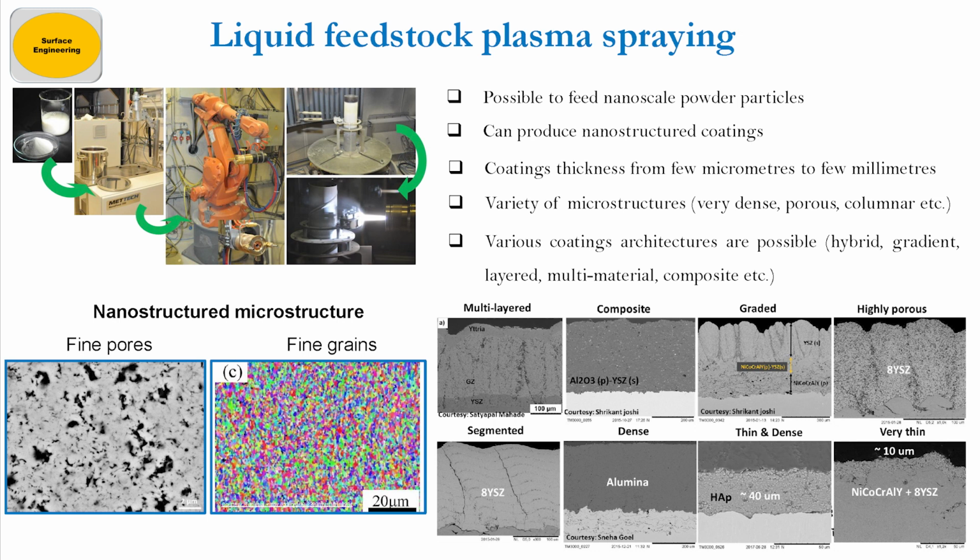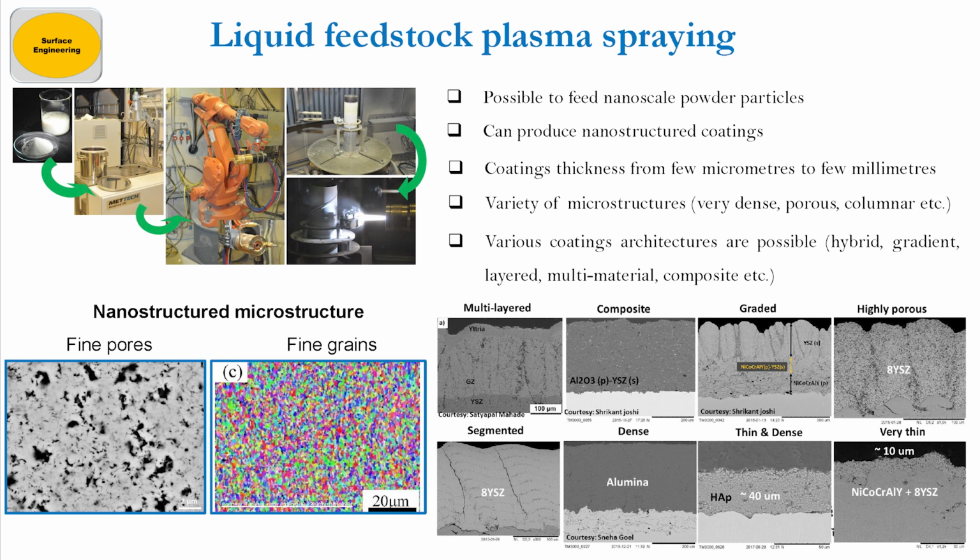The biggest advantage, as I already described, is the ability to feed these fine nanoscale powder particles into the plasma, which gives us an advantage to have features down to a few nanometers, like the pores that you see here and the grains that you see are extremely fine.